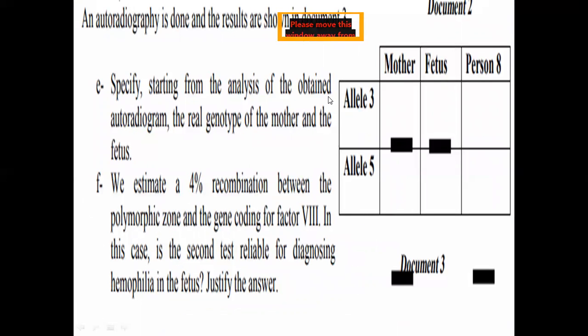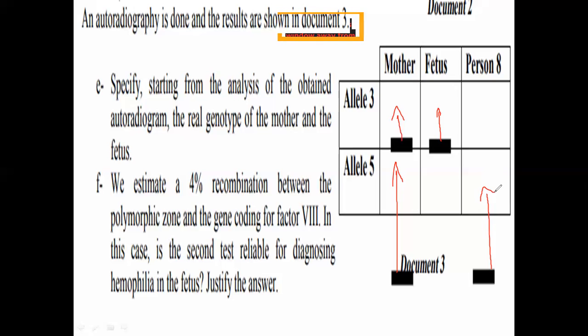First of all, this is shown in document 2. For sure, allele 3 is going to be here, and this one is going to be here. Person 8 has only one thick band, allele 5. So this is the one that corresponds to the disease, the hemophilia allele, allele 5, since person 8 has only allele 5.